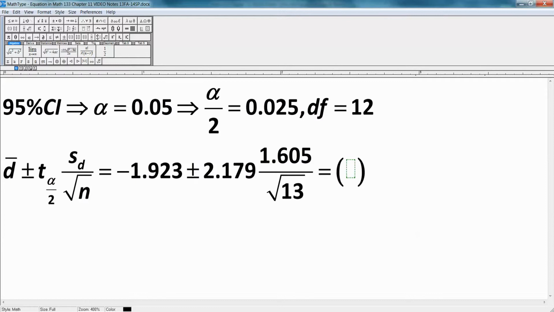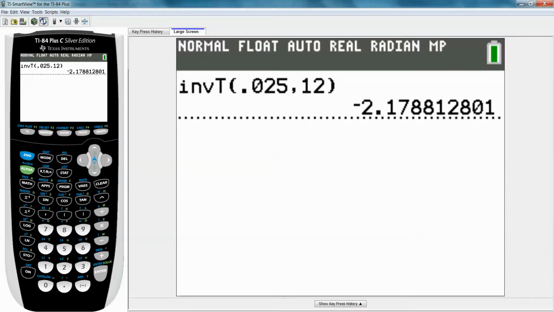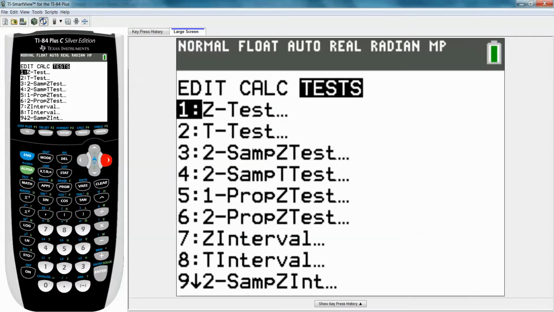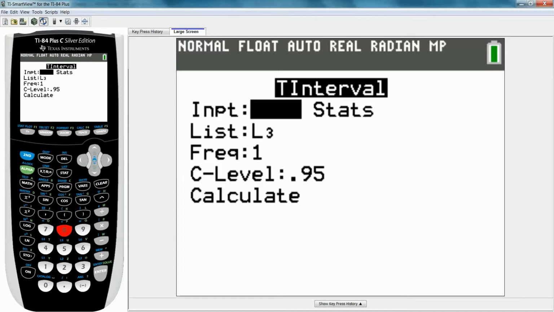Now I have no intention of doing this by hand because that would just be silly. I'm going to make the calculator find this for me. So I'm going to go to Stat, Tests, and we want an interval. So you're going to skip over all the test ones. This isn't a Z interval, it's a T interval, right? So we're going to use TInterval, number 8. And let's see here.